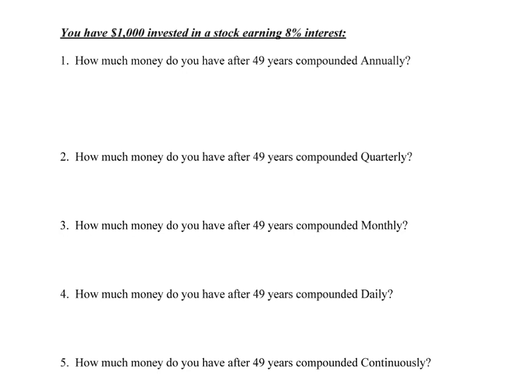So a couple quick problems. We'll do these in class, but I want you guys to use our compound interest formula right now. How much money would you have after 49 years compounded annually? So we know now that our A is what we're looking for. Our P is 1,000. Our R is 0.08. Notice I'm writing that as a decimal.